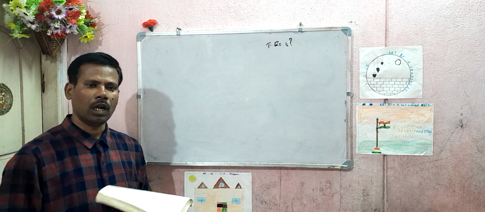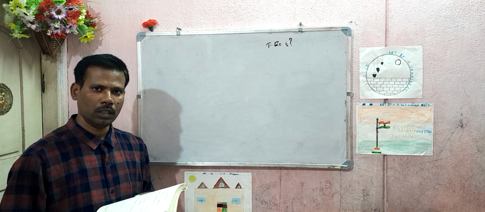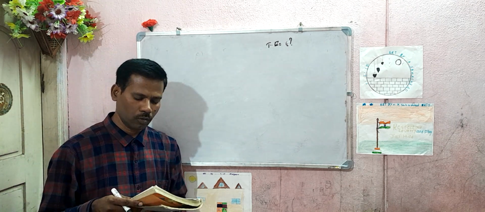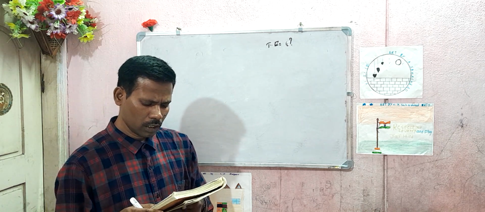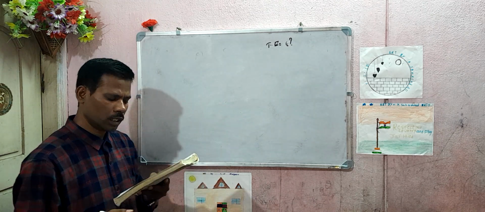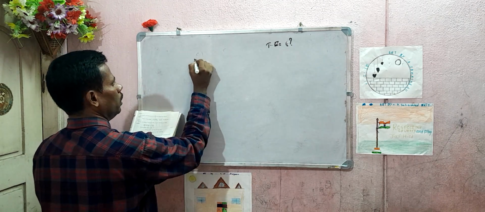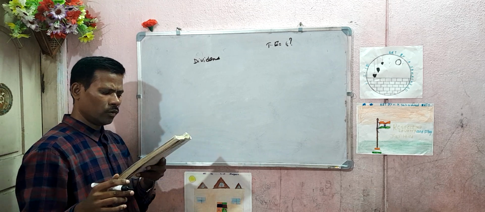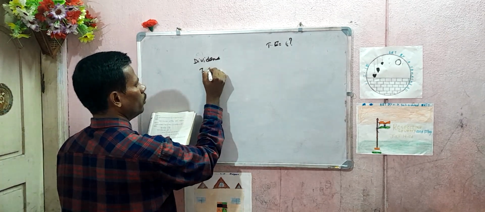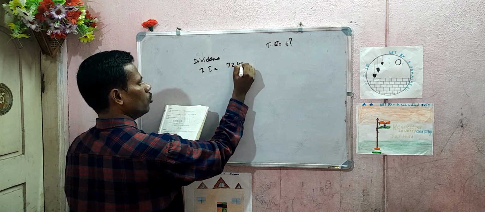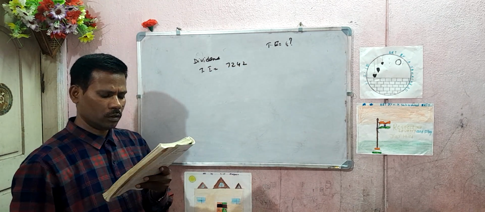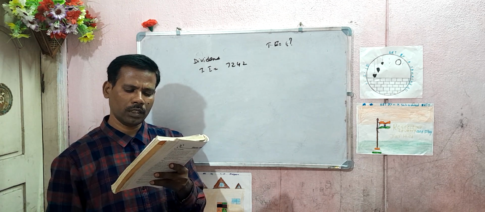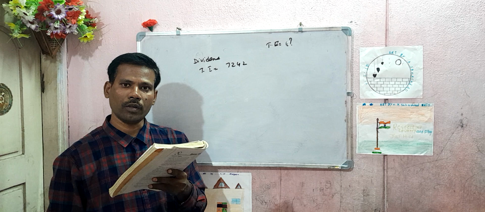Calculate the dividend. I am doing different methods and different types of problems so that you will get exposure to big problems. Calculate the dividend by investing 7242 in 4 by 3 percentage rupees 100 shares at rupees 106.50.